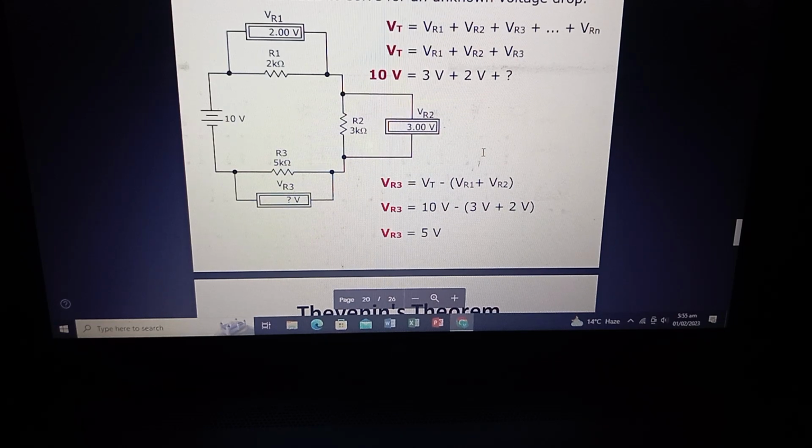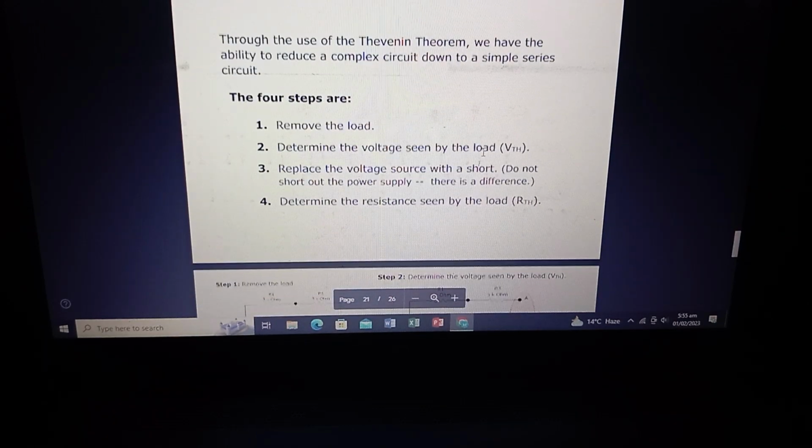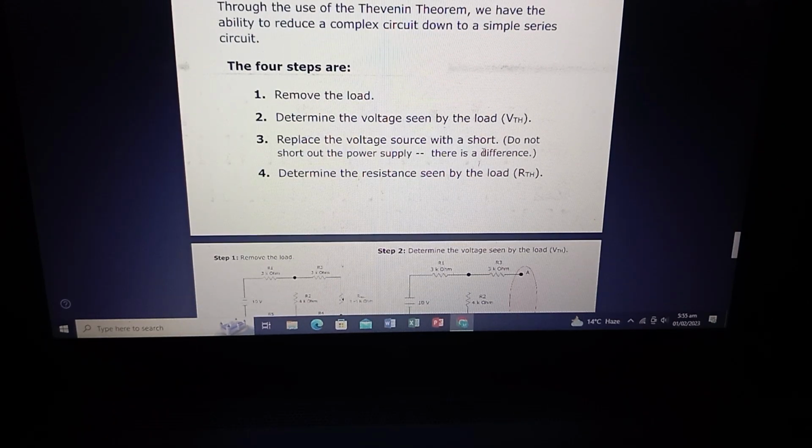Moving next, we are going to discuss Thevenin's theorem. Through the use of Thevenin's theorem, we have the ability to reduce a complex circuit down to a simple series circuit. There are four steps in Thevenin's theorem.